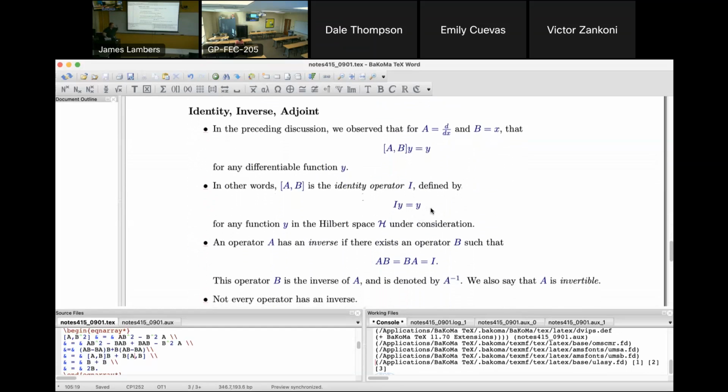This is analogous to the identity matrix from linear algebra, where your vector space is not a function space but rather R^n. The identity matrix is the identity operator on that vector space, so this plays the same role.